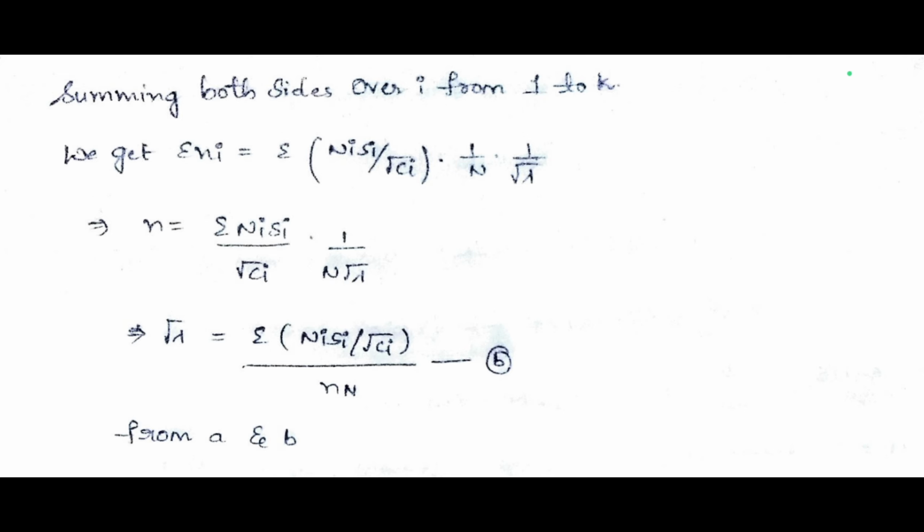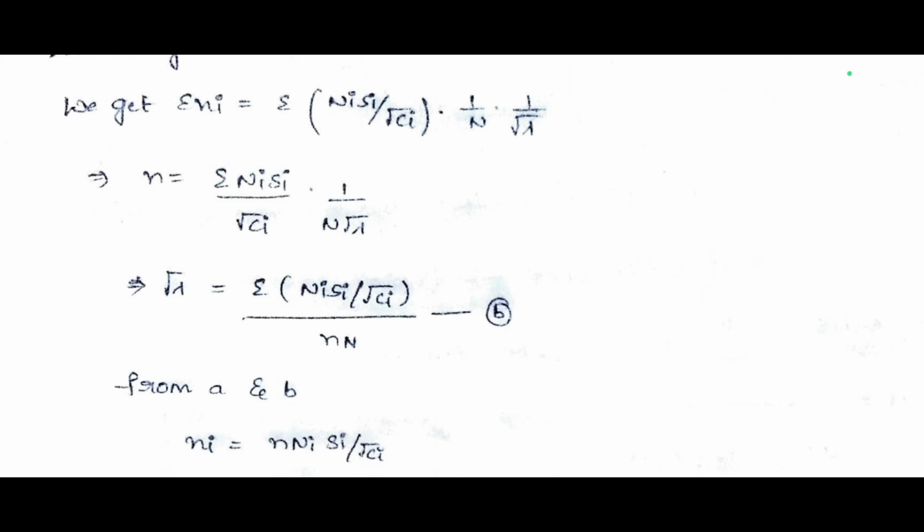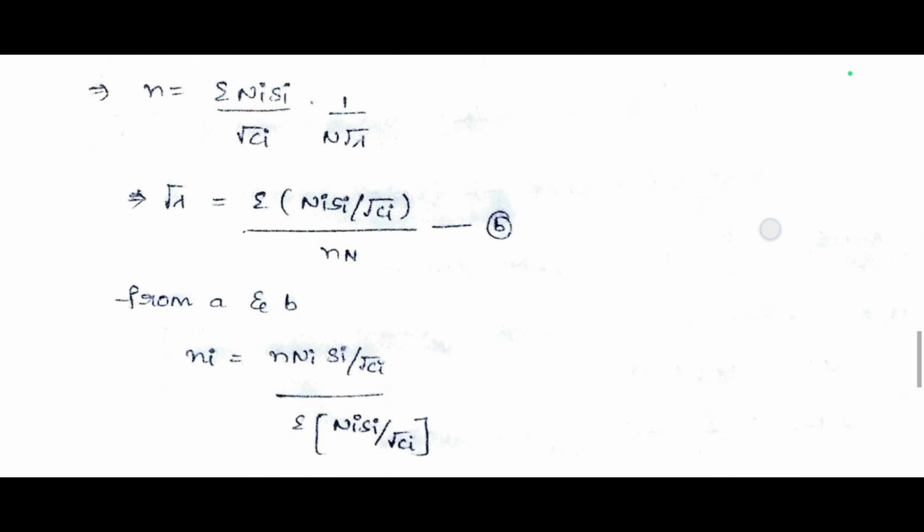We have to find the value of root lambda. The summation, i runs from 1 to k, of Ni Si under root Ci, divided by root lambda, is equal to n, that is small n. Put this as equation 2.